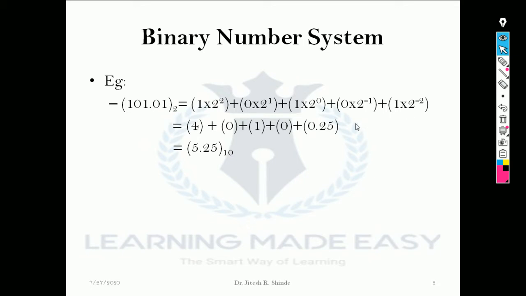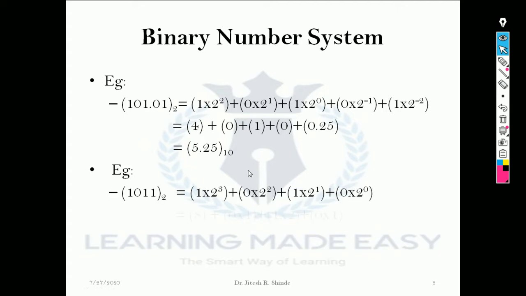On evaluating this, we are getting the value 4 plus 0 plus 1 plus 0 plus 0.25. Summing this up, we are getting 5.25 base 10. This concept we have studied in the previous slide under the heading positional number system. Thus the positional number system gives us the idea how we can convert a binary number into its equivalent decimal number.